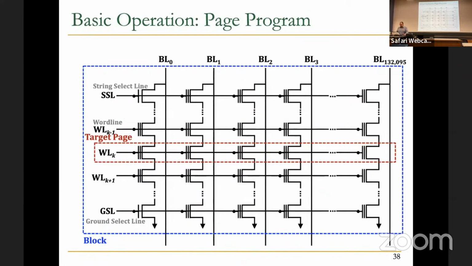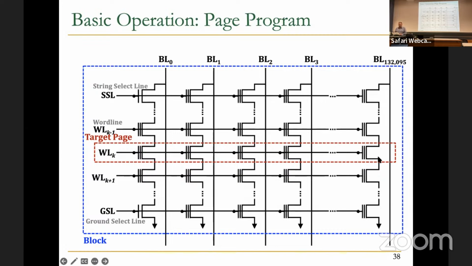Okay, so let's get to some basic operations like page program. We discussed the read operation at the system level, at the storage level, but now we want to see how we can read and write at the flash memory level, assuming that your data is sent to the flash memory and the controller asks it to write by sending the write command.